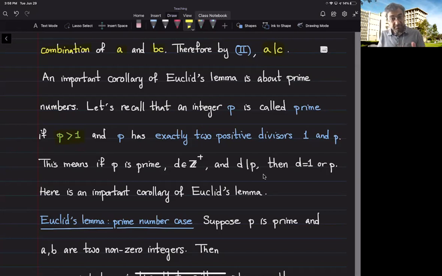And 1 and p, both of them are definitely divisors of p, no matter if it is prime or not. Now, the claim is that it has no other positive divisors. There is no integer between 1 and p, strictly more than 1, strictly less than p, that divides p. That's the definition of a prime number.